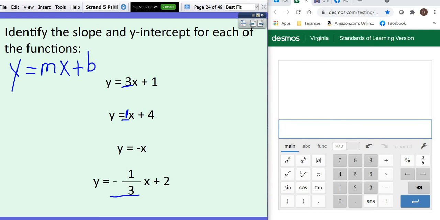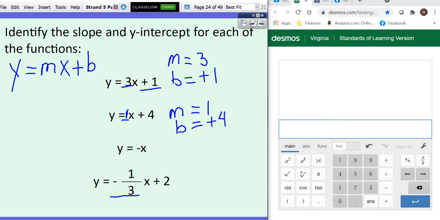So for example, in that first example, my slope is 3. My y-intercept is what's at the end of the equation. It's a positive 1. In this case, there was only an x, so that means my slope was 1. My y-intercept was a positive 4.